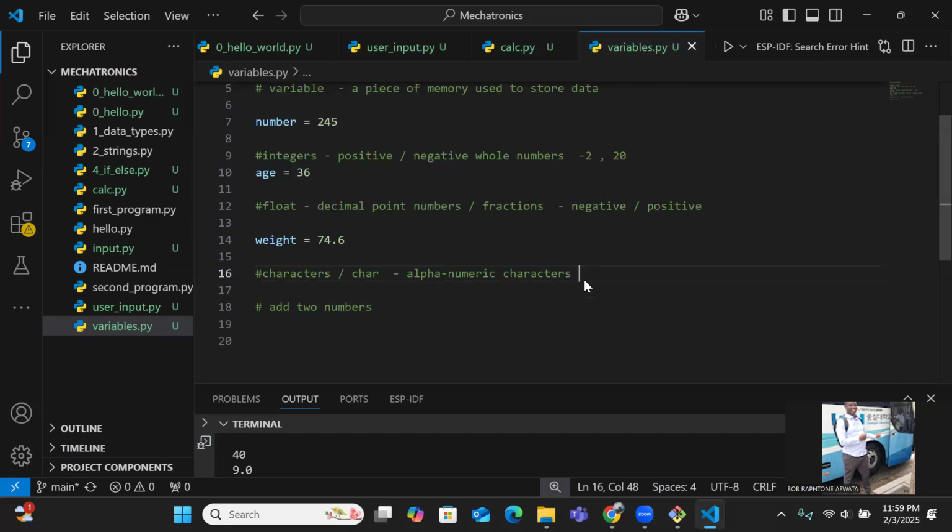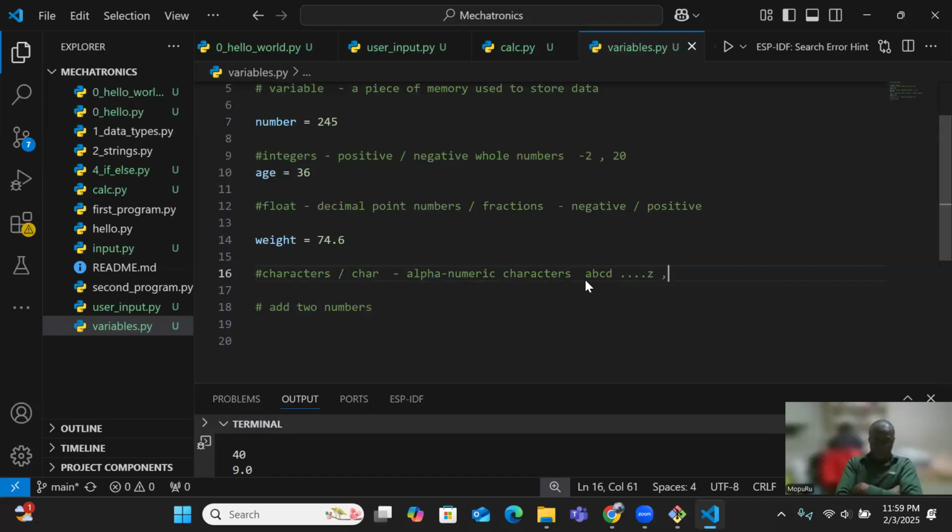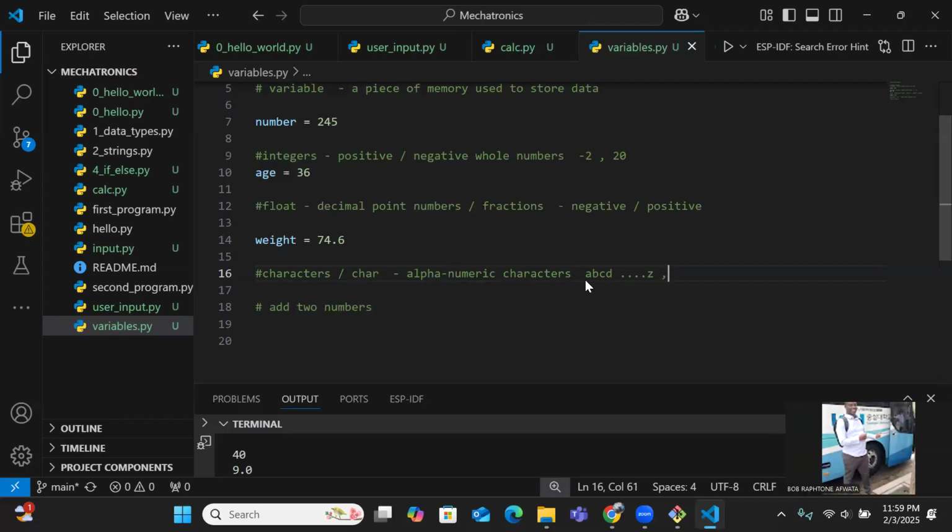The alphabetical ones are A, B, C, D, all the way up to Z, in uppercase and lowercase. So also A, B, C, D, all the way up to capital Z. Those are the alphabetical characters, or letters.